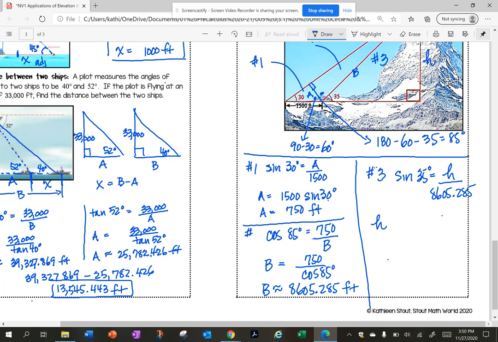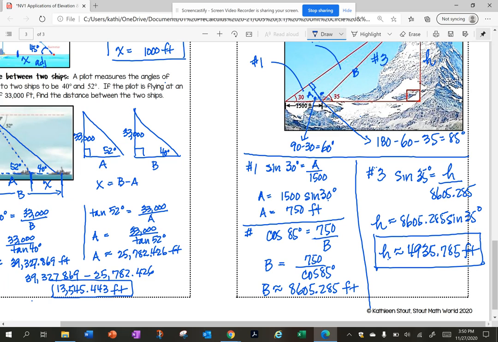So I get my height is approximately 8605.285 times the sine of 35 degrees. So I get H is approximately 4935.785 feet. Okay, and we're done.